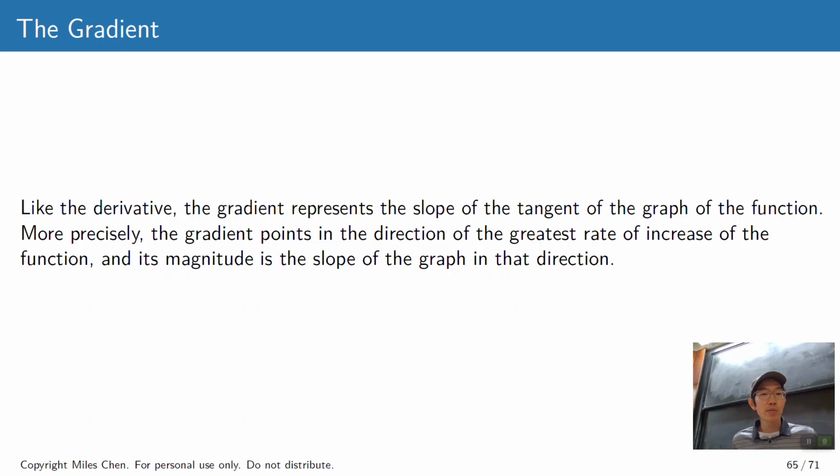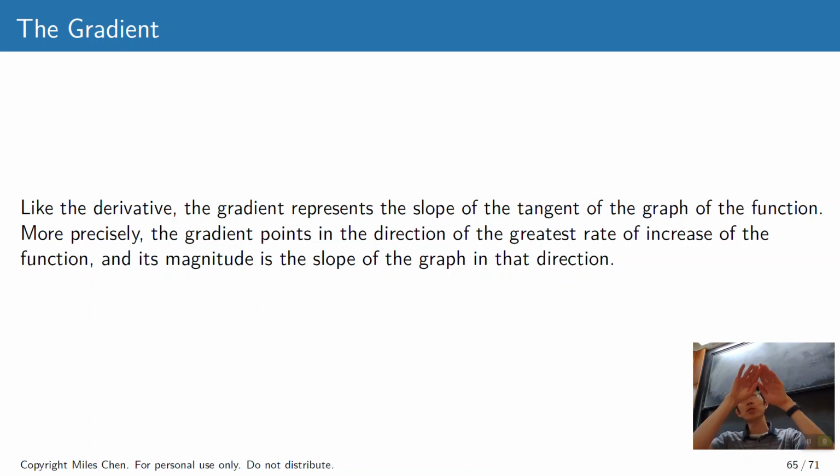The derivative is like the slope of the tangent line. The gradient represents the slope of the tangent, I guess the tangent vector, the vector that points in the direction of greatest increase of the function. So you imagine this surface, and at a point, the gradient is the vector of steepest increase, and the magnitude is kind of the slope there.